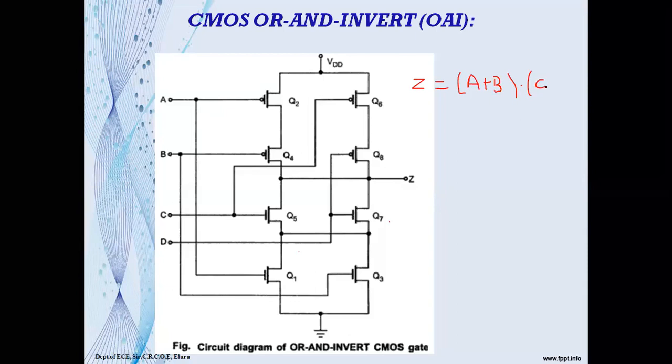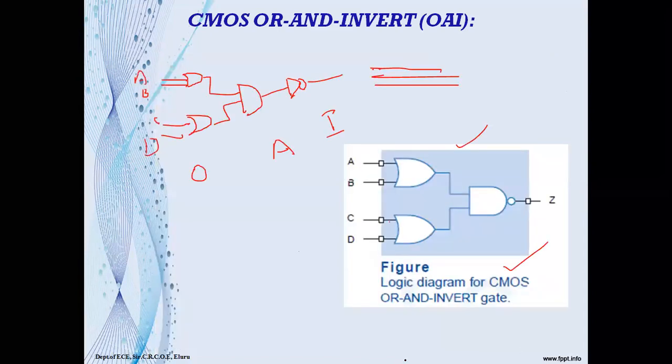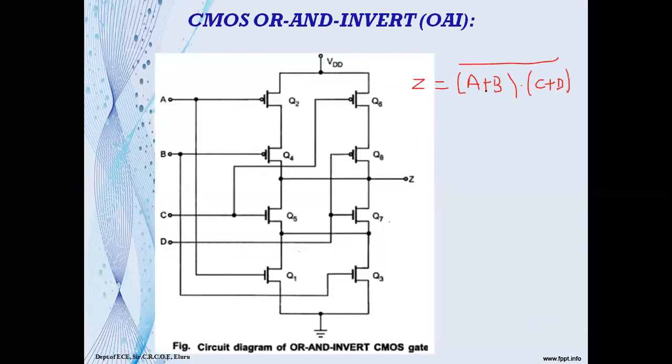The second combination is the inputs C and D. So for this circuit, the logical expression is Z equal to (A plus B) and (C plus D), whole bar.